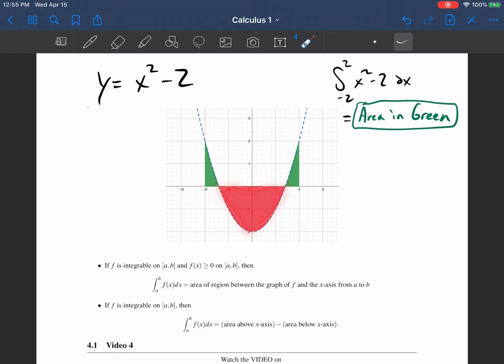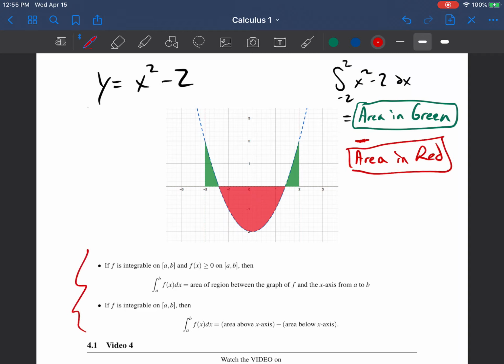Except this time the graph of the function is below, so the x-axis is above. So this area here actually gets counted as negative area. So the integral is going to tell us the green area, and then it's going to be minus the area in red. Okay. So this is what the integral is going to tell us, right?